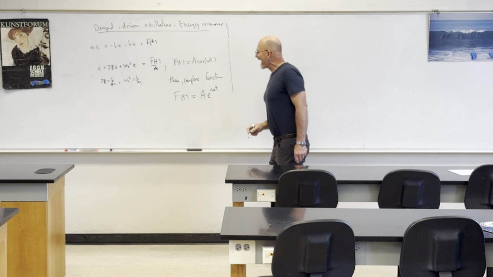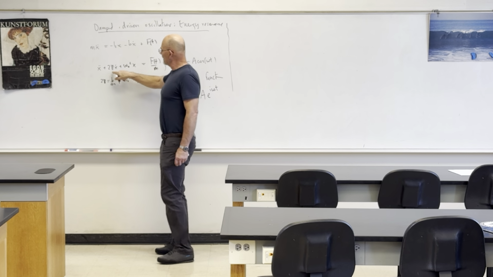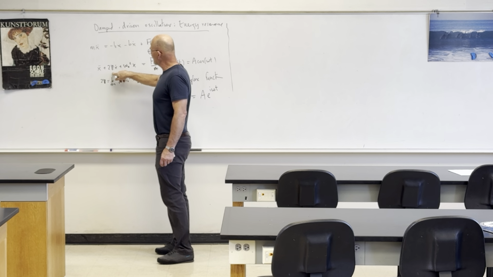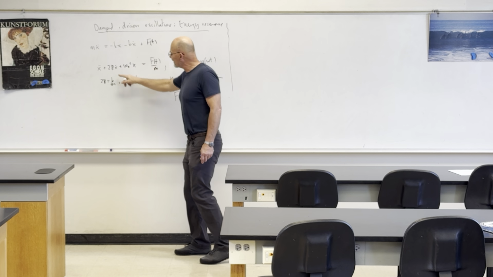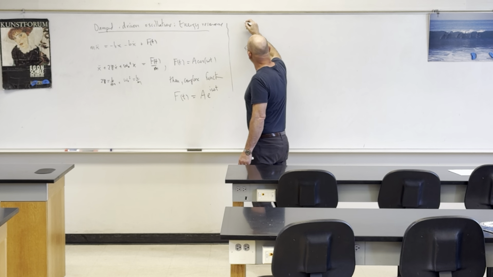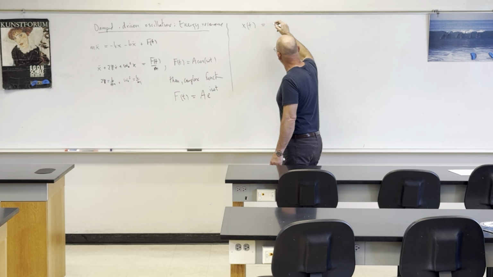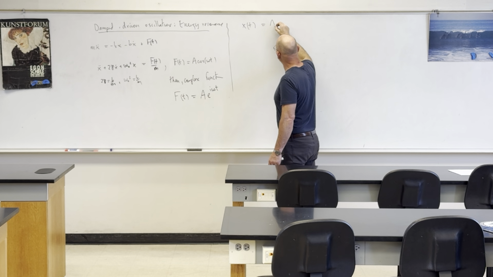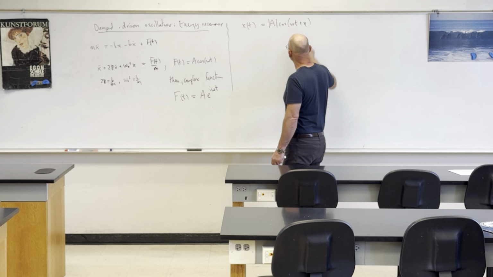And then we found after the transient decays, so after the e to the minus gamma t proportional function decays, we're left with the inhomogeneous solution that x of t turns into a cos omega t plus b.